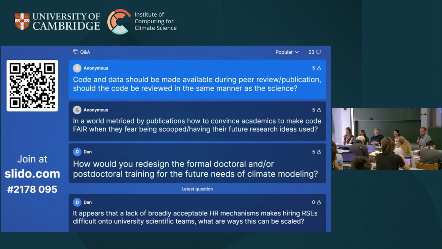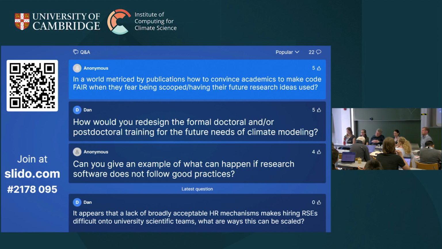It's from Jack. I think what you're asking about here is, well, there was a horrible word limit, so in a more eloquent way, you want code made FAIR, code made discoverable, but everything's metricized by publication. So if I've spent time developing a new parameterization or a new big climate model, there's a temptation for academics to want to keep that wrapped up.